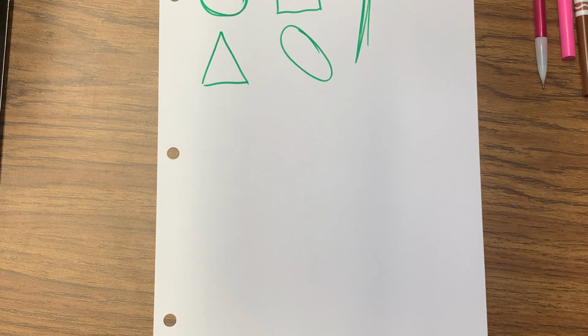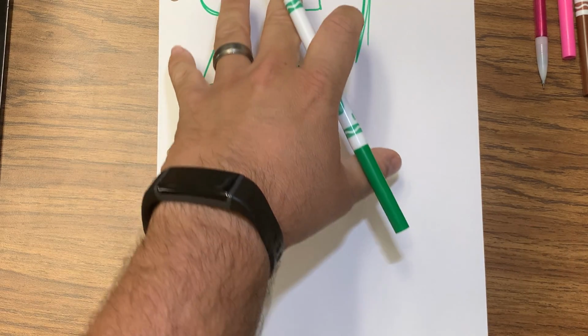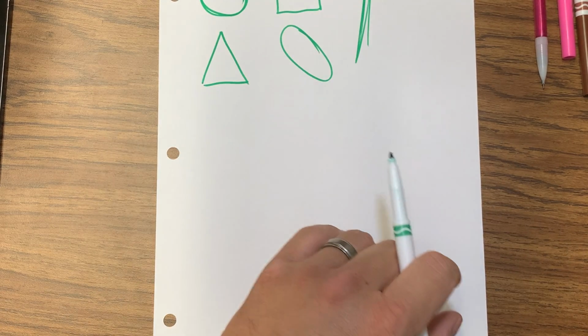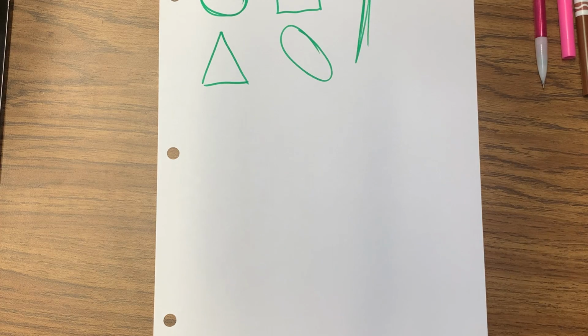And what winds up happening is sometimes the drawing's too small, sometimes too big, sometimes we started off wrong, so that throws the whole picture off. So for that reason, we're going to do these sketches to plan our picture.